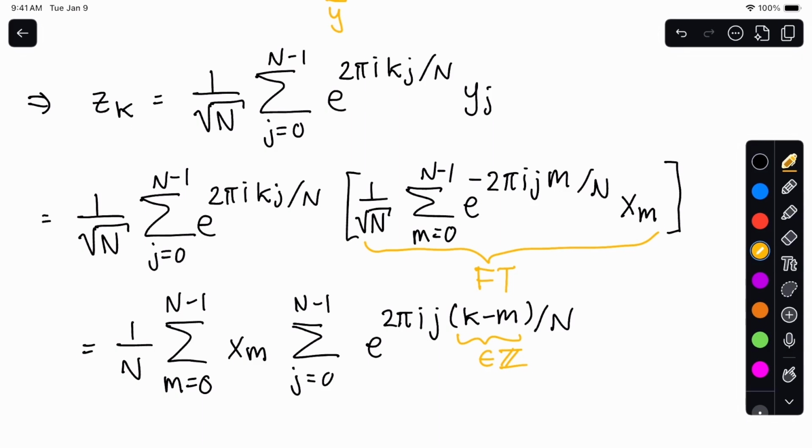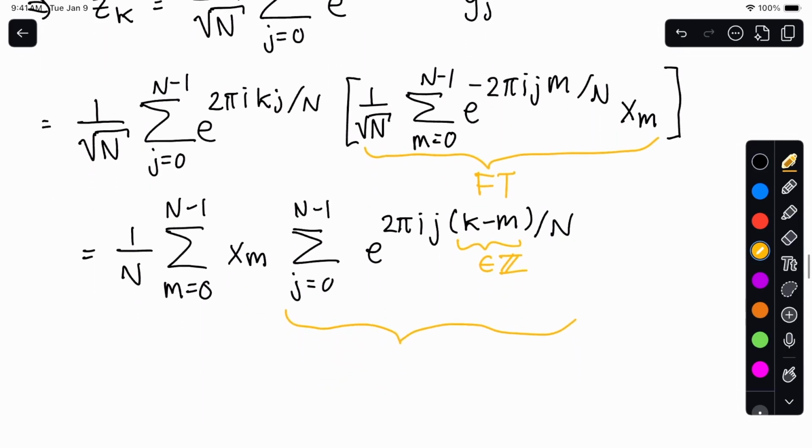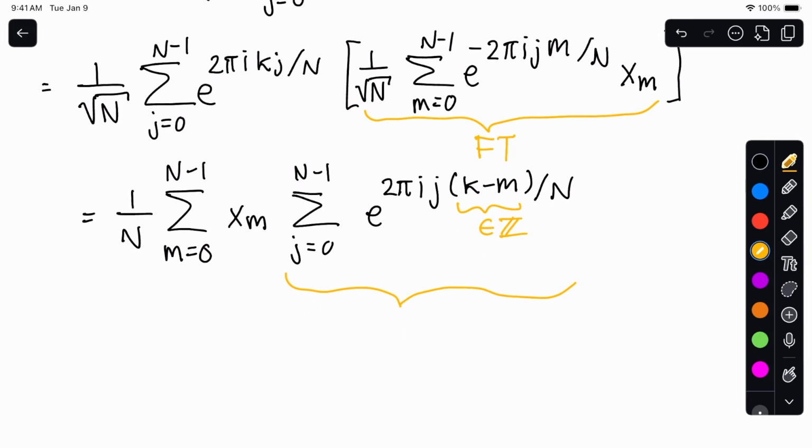And we talked about before how this sum is always going to be 0, right? Because it's like spokes on the wheel in the complex plane. But there's one case where this is not true and it doesn't all cancel out. Can you think of what it is?